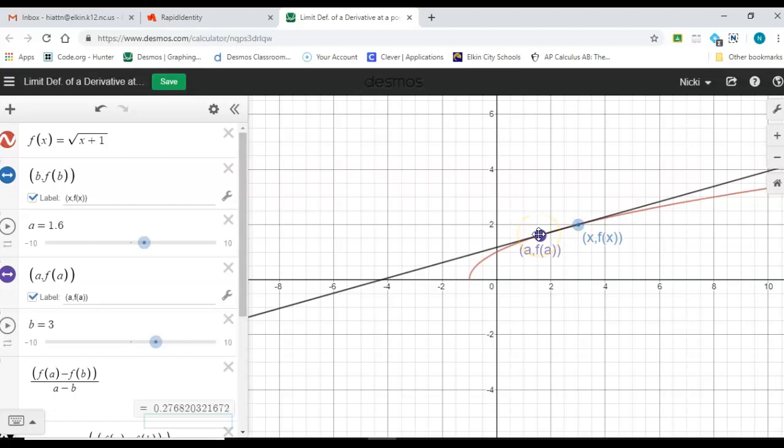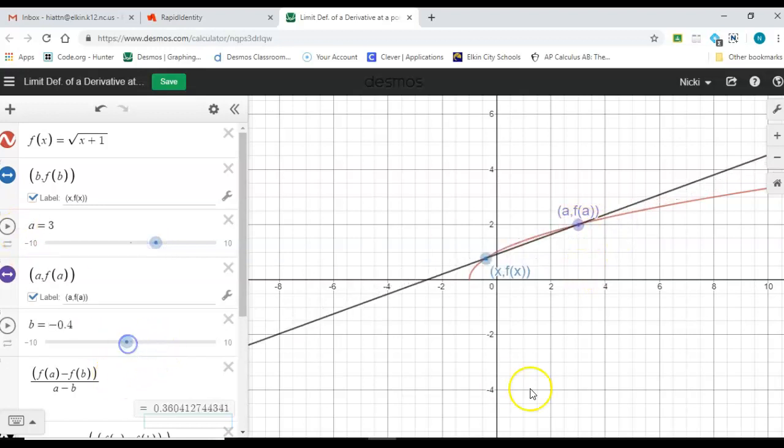That moved the wrong one. Oh, because I was changing b. A needs to be 3. So, okay. Right here is my point. If I wanted to, I could change that label now. That goes through the point 3, 2, right there.